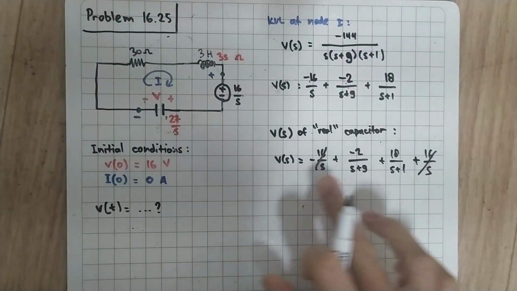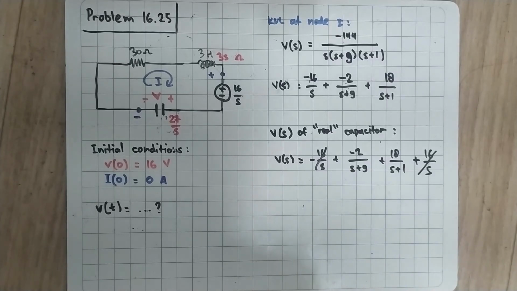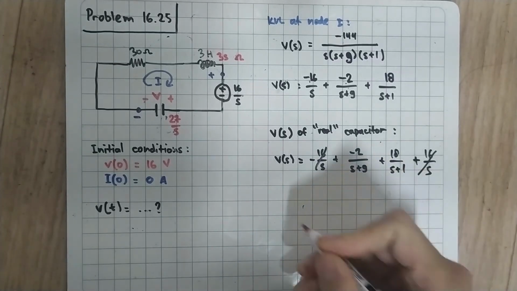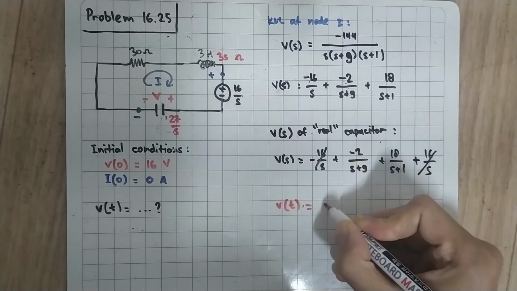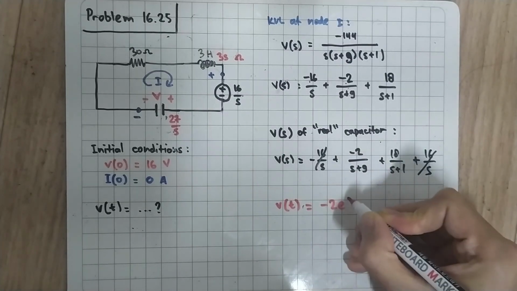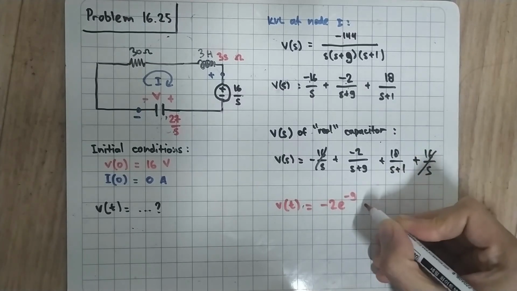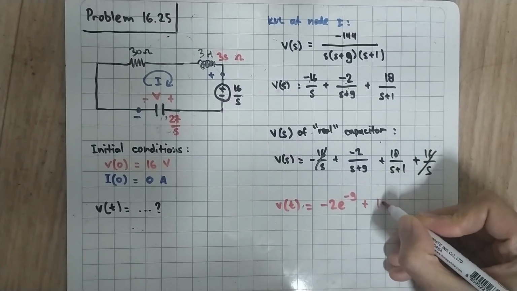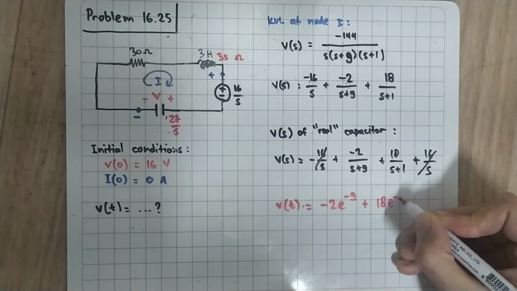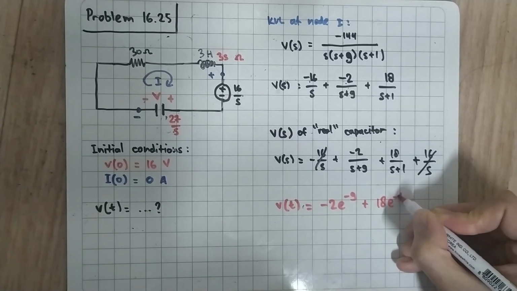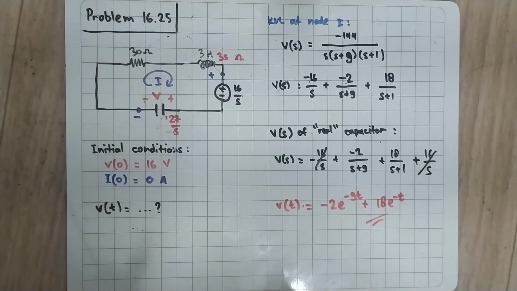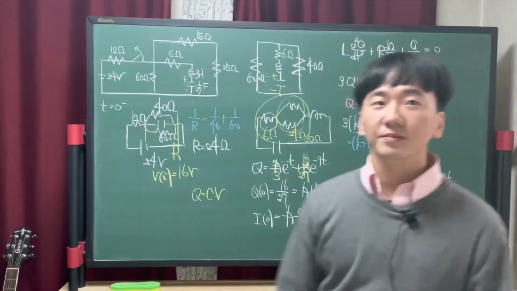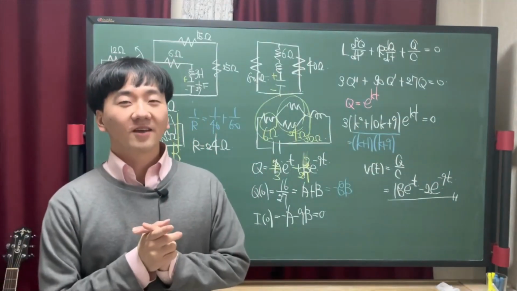And so I will have Vs is equal to this term, and that term we can convert it easily into time domain, which is minus 2e to the minus 9t plus 18e to the minus t, and this is also t, which is the same as the answer from differential equations. That's all for today. Thanks for listening.